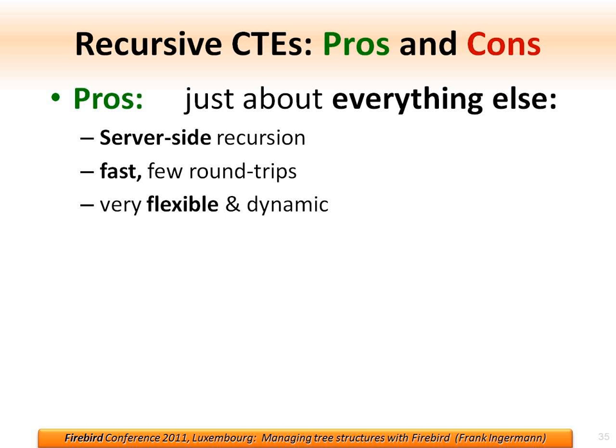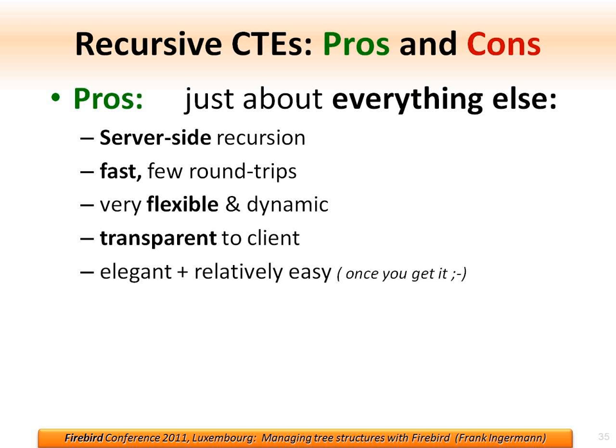They are very flexible because you can just piece together whatever tree you want from the client side and send it over. Therefore, they're also very transparent to the client, so you can fully control the tree traversal. And I think they have pretty elegant elements. Once you get the basic principle, it's quite easy to follow how the tree really works.